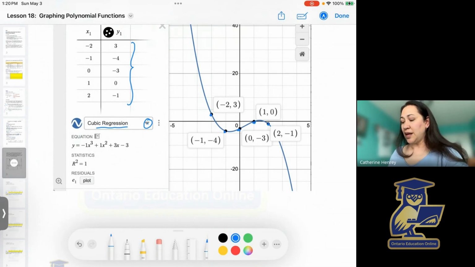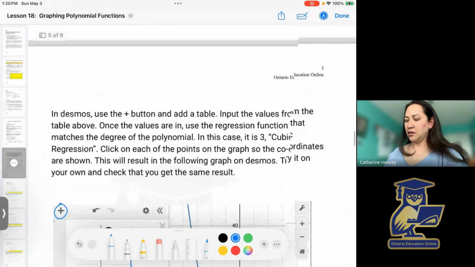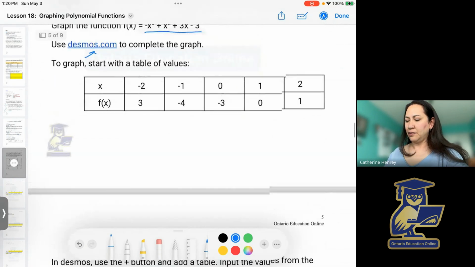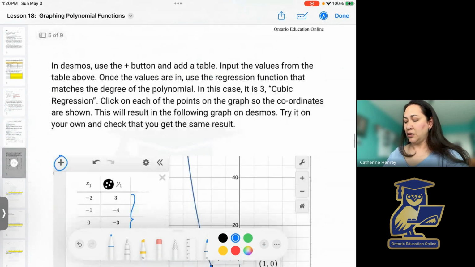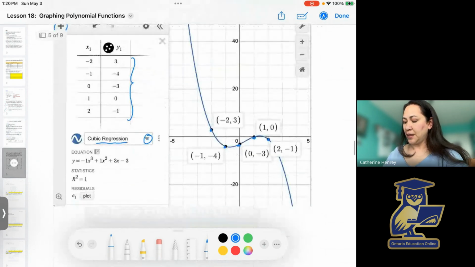So let's talk about the end behavior. If we recall, the sign on the leading coefficient, I'm going to scroll back up, the leading coefficient was negative. Since it's negative, that means on the right side, the end behavior should be going down. And if we take a look, yes, we're going down.